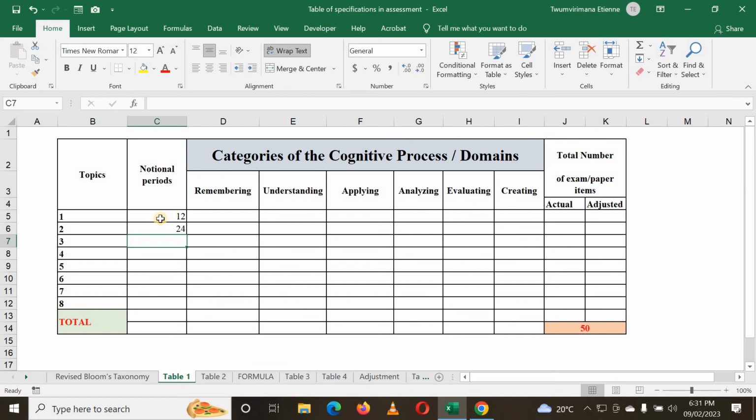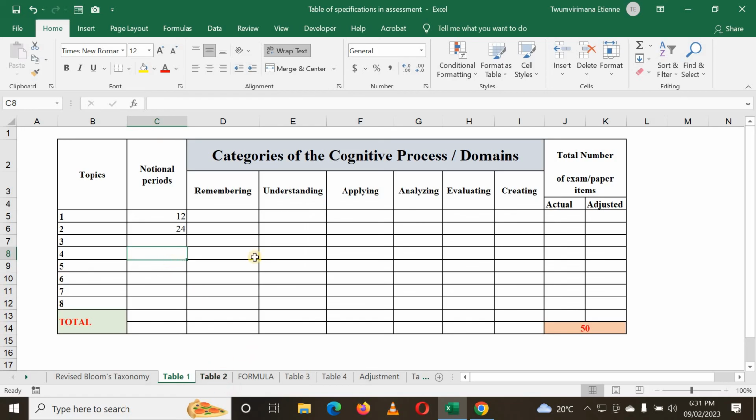Don't just guess these periods. All those periods are in your curriculum. Make sure you consult it and put it here as it must be here. And here you see we have topics. We are now aware of what will be in topics and what we have to put in periods.